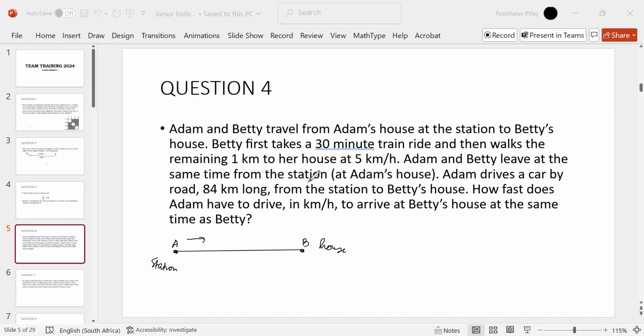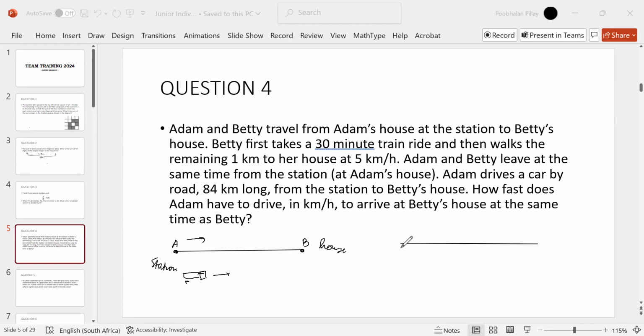Now Betty first takes a 30-minute train ride. So let's see. Betty, she travels firstly by train. Right? And it takes 30 minutes. But then walks. In other words, as far as Betty is concerned, she travels for 30 minutes by train, and then after that she walks.